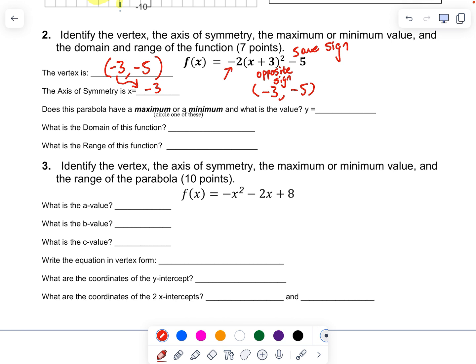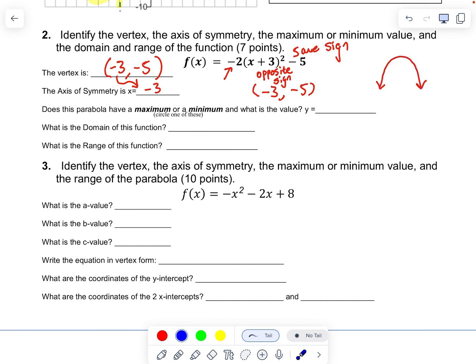Does this parabola have a minimum or a maximum? Notice that negative there. That negative flips our parabola upside down so that it opens down like this, kind of like an upside down U. And so therefore our parabola comes up to a highest point and goes back down forever.